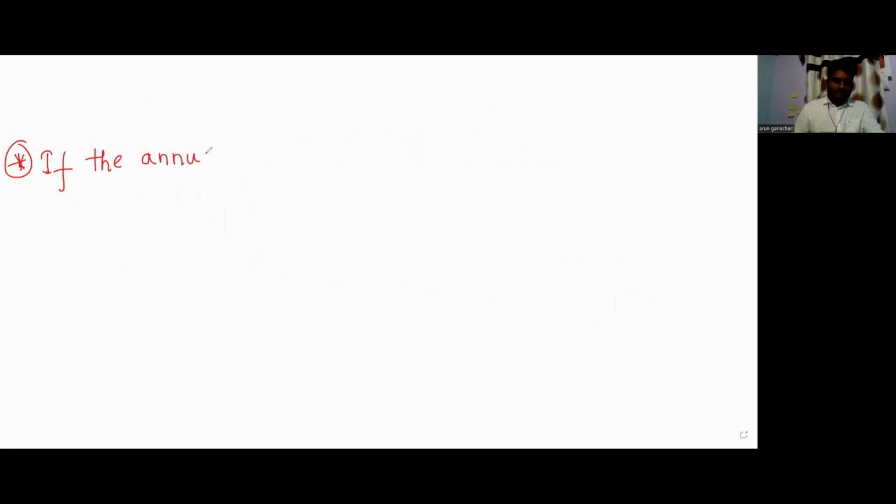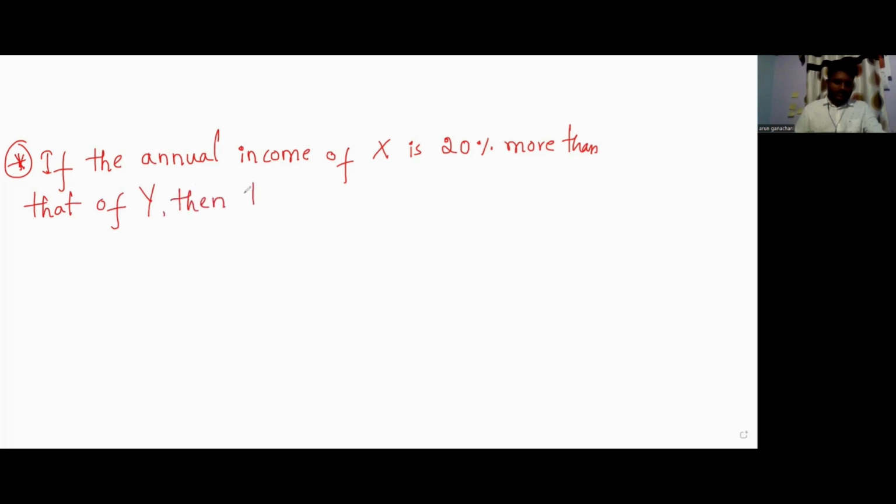If the annual income of X is 20% more than that of Y, then the income of Y is less than that of X by P percentage.